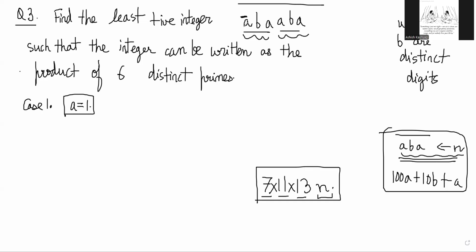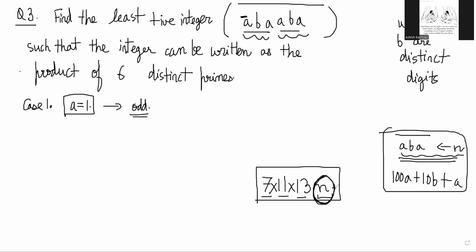Ultimately A can be from 1 to 9 only, right? If I take A as 1, then this whole number will end with 1 also. So the overall number is odd, and then this N also has to be odd.